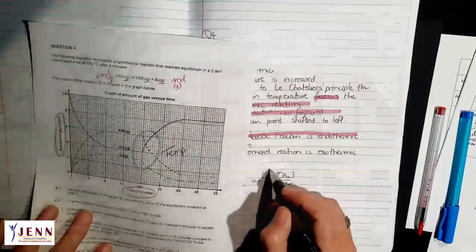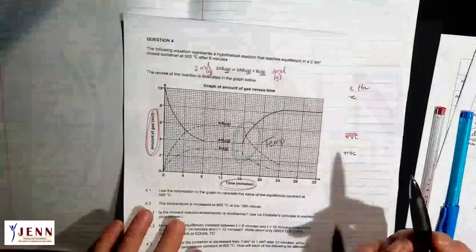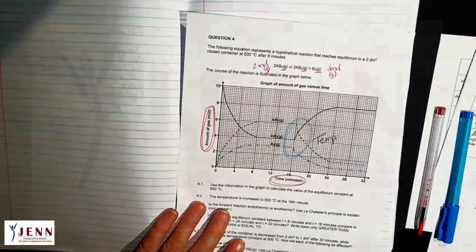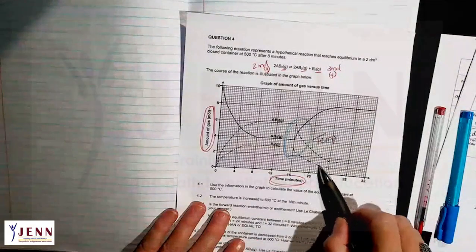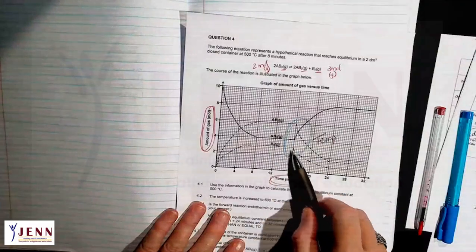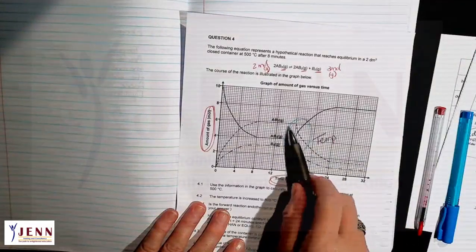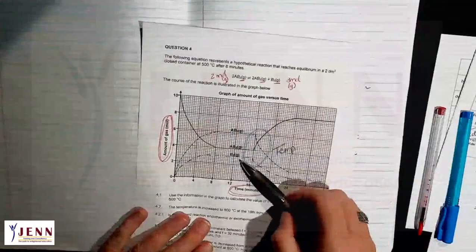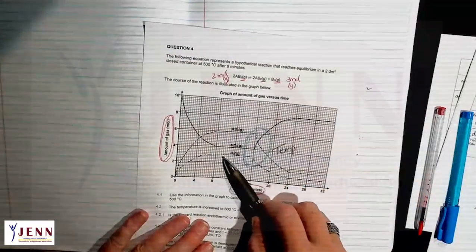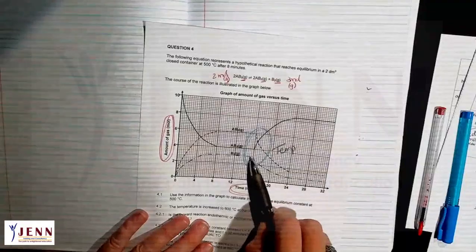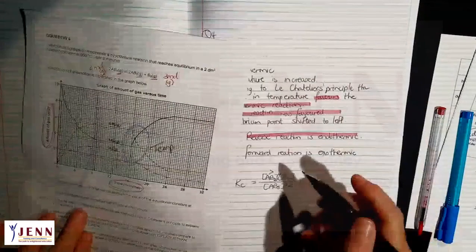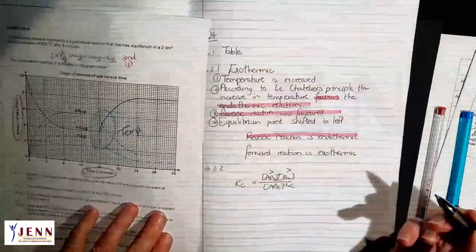So the AB2 is more. And then if I look at the B2, I will see there I have more B2 than in this case that I have there. It will also be more.